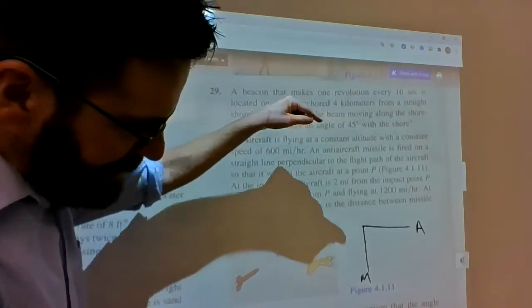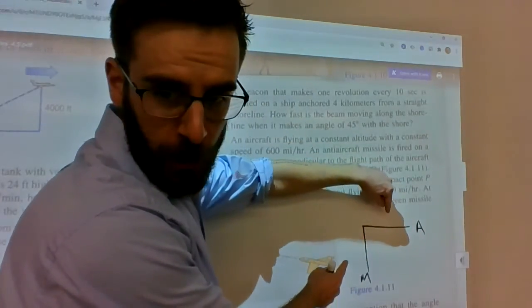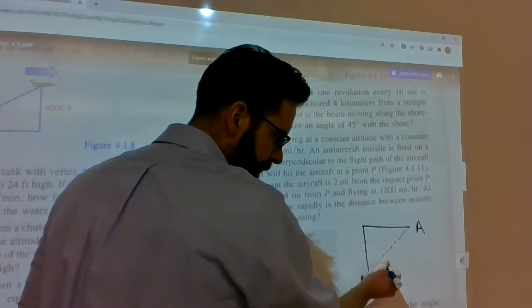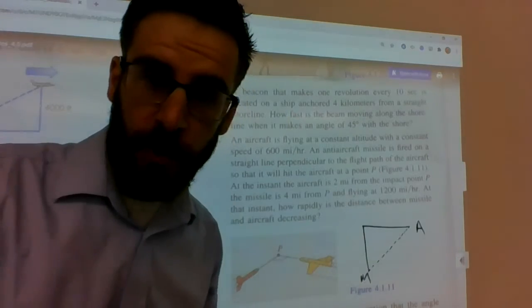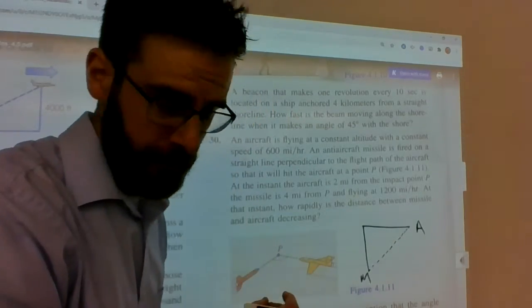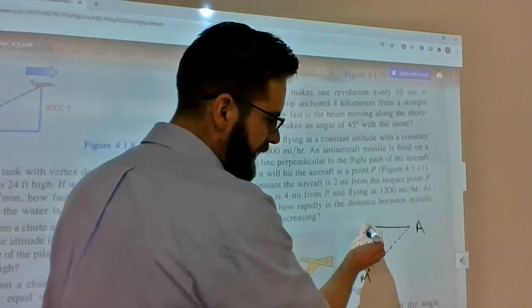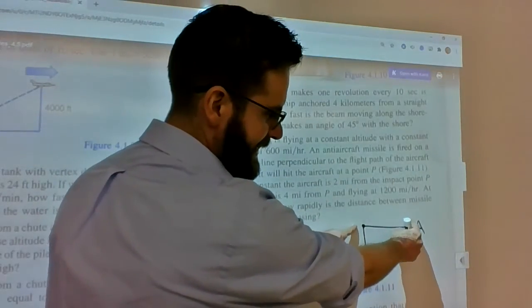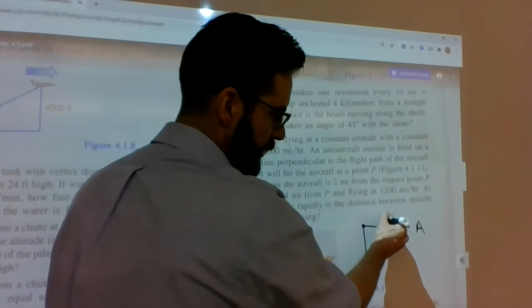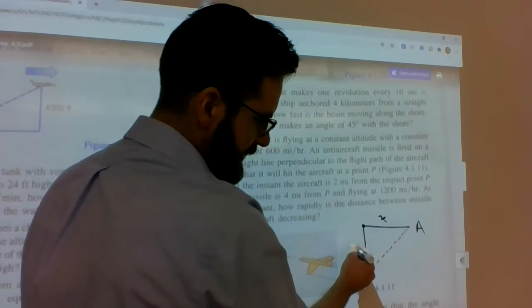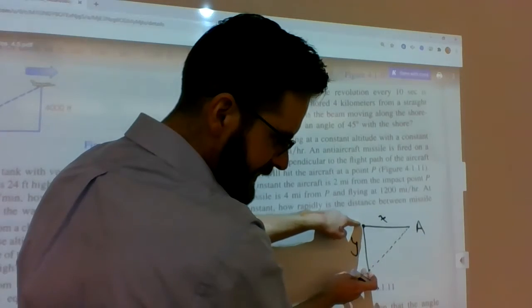All right, so this one, we clearly have a right triangle situation happening. If you look at it from this perspective, here's my airplane, and here's the missile. Now, as the two are getting closer and closer together, this distance right here is technically the distance between the airplane and the missile.